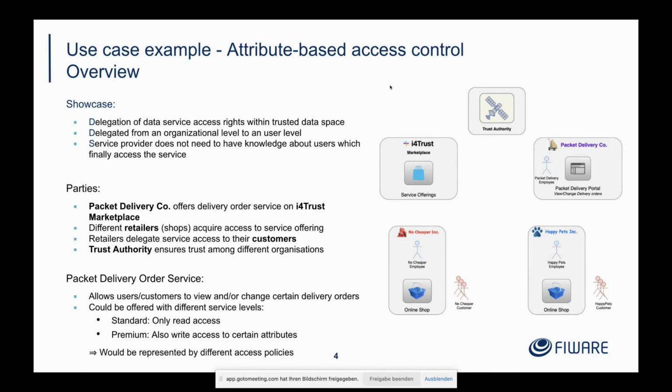Shortly about the specific use case, we have several parties involved here, also pictured here on the right side. On the one hand, there is some packet delivery company delivering packets, and they are exposing a service where you can access the information about your delivery orders, like the address where it should be delivered or the planned time or date of arrival.